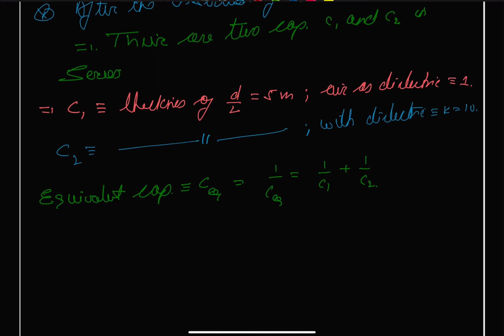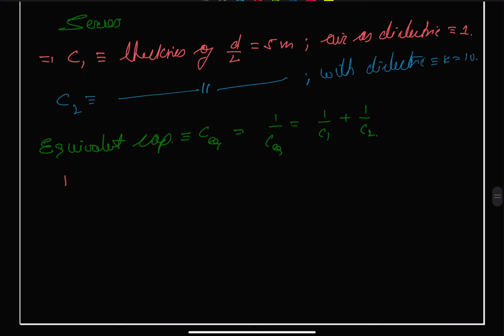C1 is with air, so 1 upon C equivalent is equal to 1 upon epsilon A divided by d/2, plus 1 upon K epsilon A divided by d/2, and d/2 we know is 5.